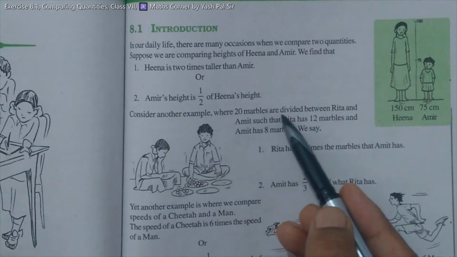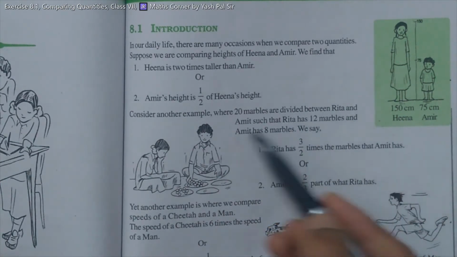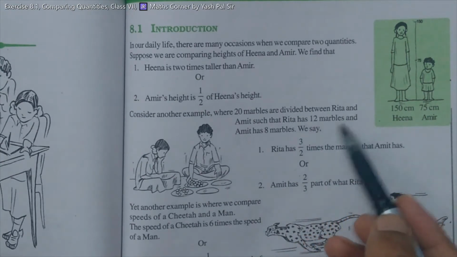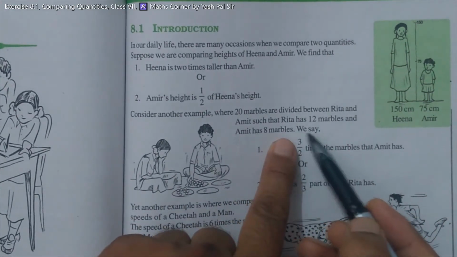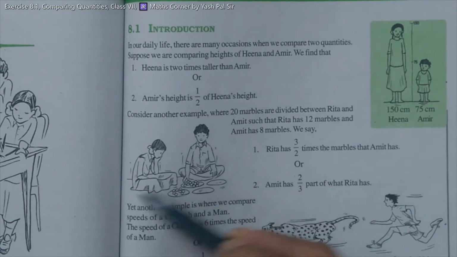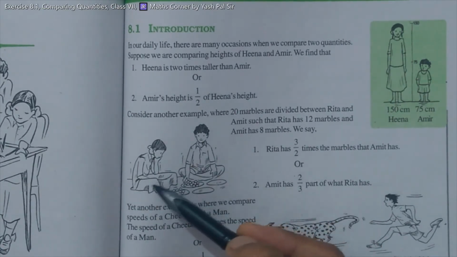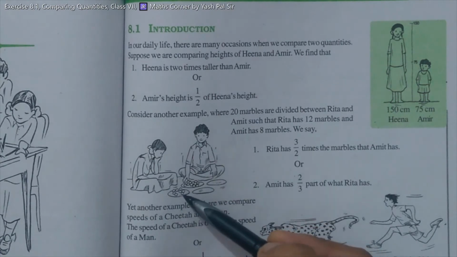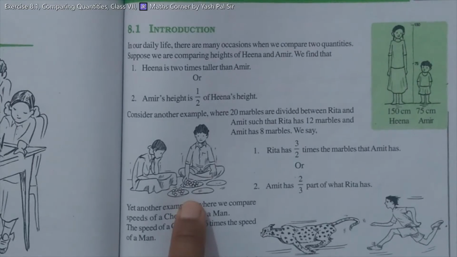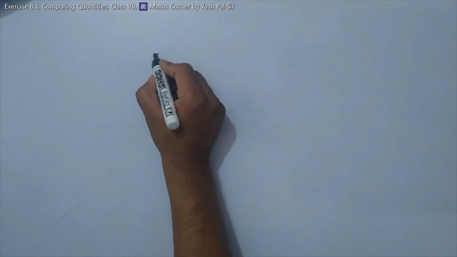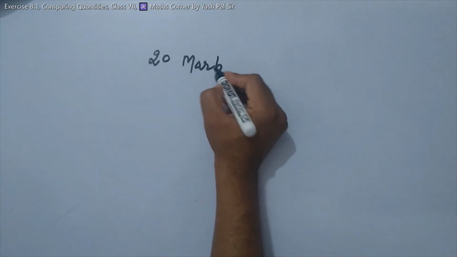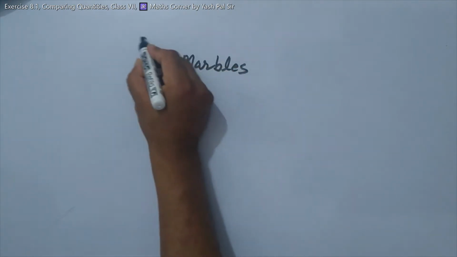In the same way, if we take another example: 20 marbles are divided between Rita and Amit, such that Rita has 12 marbles and Amit has 8 marbles. They are two friends dividing the 20 marbles between each other. How did they make the distribution? Let us see. Total 20 marbles, right?